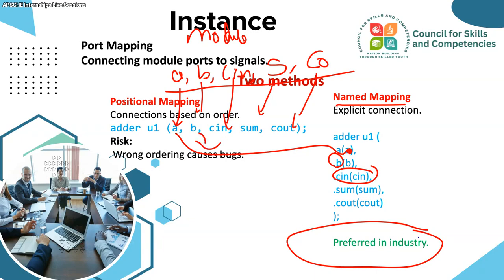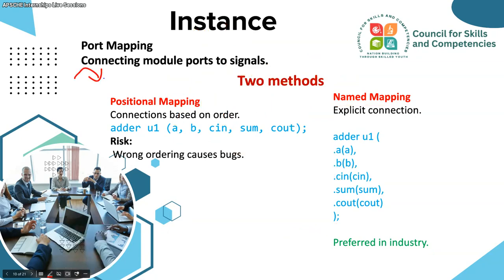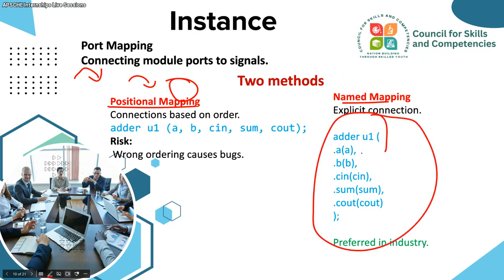When you create an instance, you connect the module port to the instance signal either by positional mapping or by name mapping. So always go for name mapping.